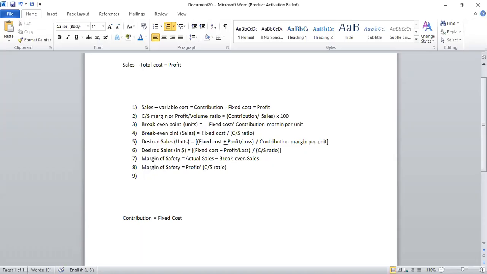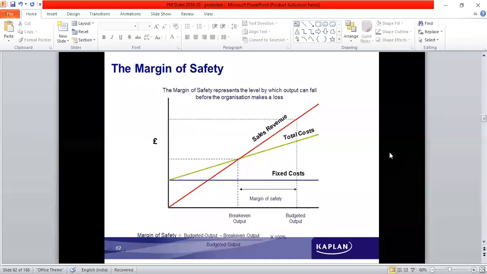There is another equation which talks about margin of safety as a percentage. Margin of safety is equal to budgeted output minus break-even output divided by budgeted output into 100. So here it is converted into percentage. It's only the percentage conversion.